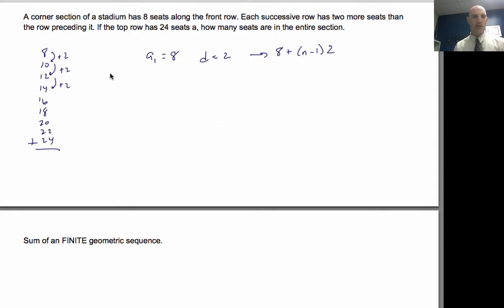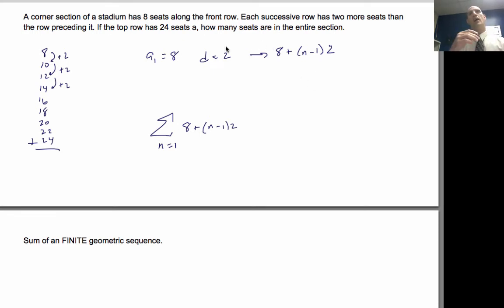And so to figure out my sum, I'm taking the sum from n equals 1, the number of my row, to whatever my number of rows is, and my sequence is defined by 8 plus n minus 1 times 2. I don't need to simplify that at all. I just need to know how high it goes.